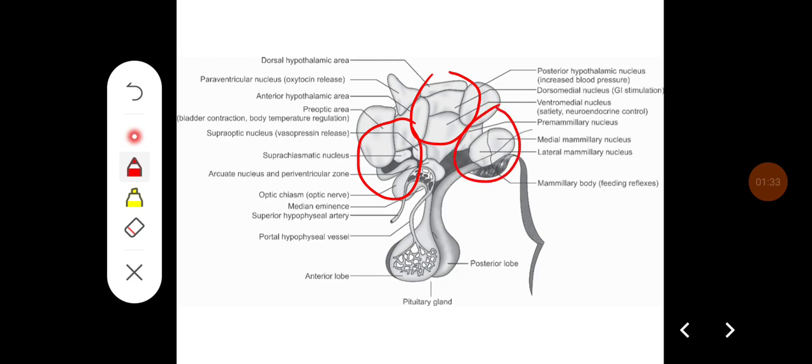You can see in the anterior, it is mainly the suprachiasmatic nucleus, paraventricular nucleus, and preoptic area, whereas in the middle group you have dorsal hypothalamic nuclei, dorsomedial nucleus, ventromedial nucleus, and arcuate nucleus, whereas in the posterior hypothalamus we have posterior hypothalamic nucleus and medial mammillary nucleus, lateral mammillary nucleus, and mammillary bodies.